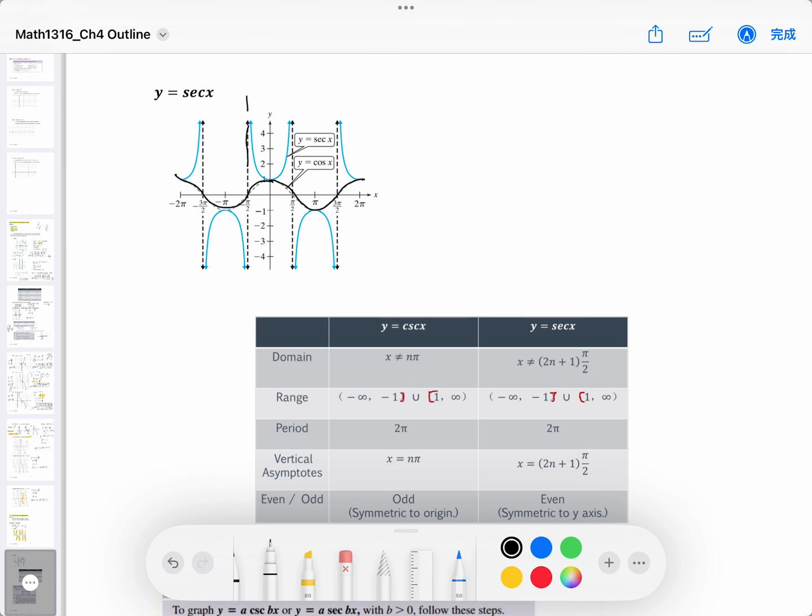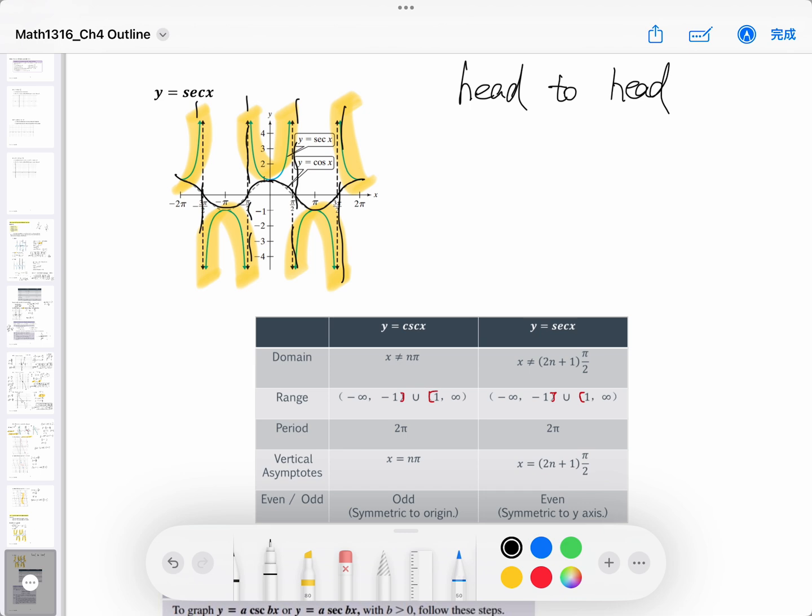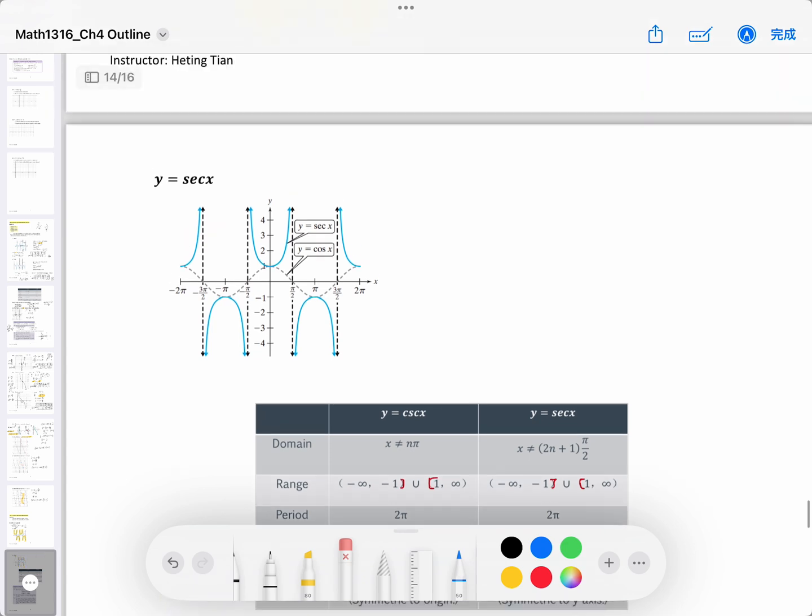At the x-intercepts, we can draw vertical asymptotes, and then do the head-to-head, or bump to bump, to graph the reciprocal functions. It's very messy. From the graph, we can draw some conclusions.